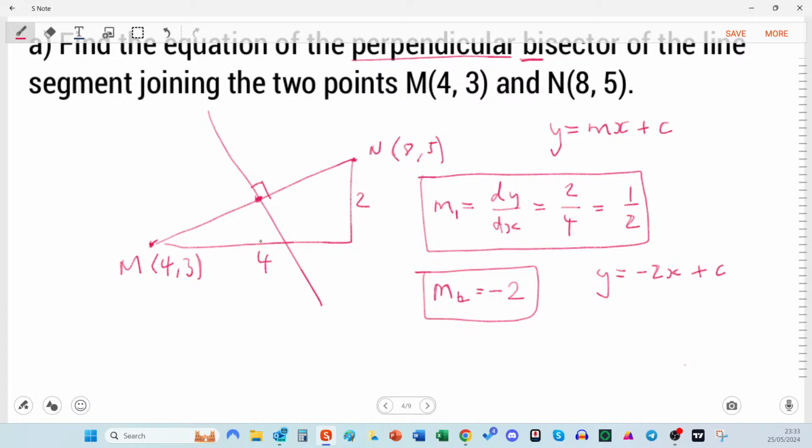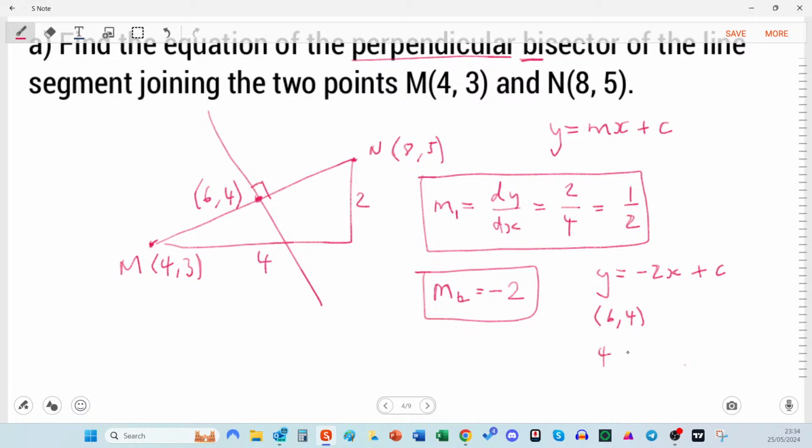There's a couple of ways of doing it, but instead of going across 4, we'll go across 2. So this has an x of 6, and instead of going up 2, it's going to go up 1. So we have a coordinate. We're going to put that in, because that's x and y for us.